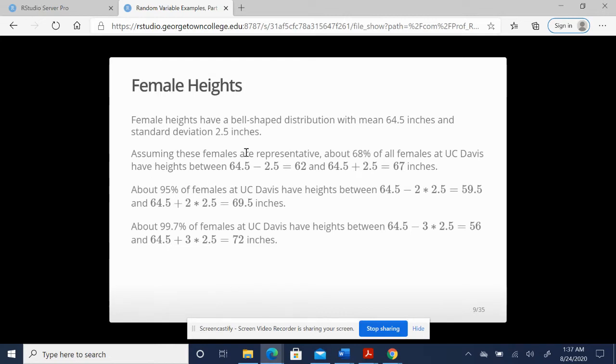So I expect it's going to have a mean, because I calculated it with favstats, of 64.5 and a standard deviation of 2.5. Assuming that these females are representative of the entire population, about 68% of all females at UC Davis have heights between 62 and 67 inches.